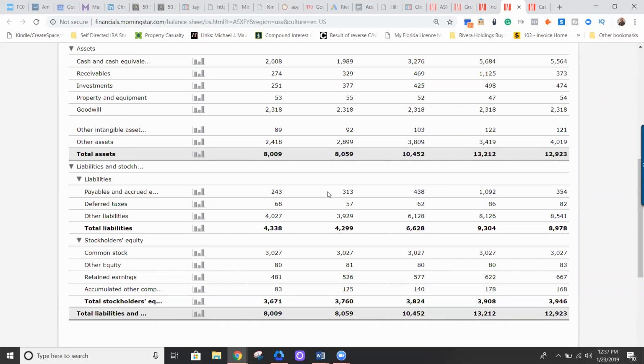Yes, account payable, like 354 take away 1092 gives you negative 738. So what should this number really be, though? Remember, the negative and the positive is flipped here. But why does it flip? Because these are liabilities.